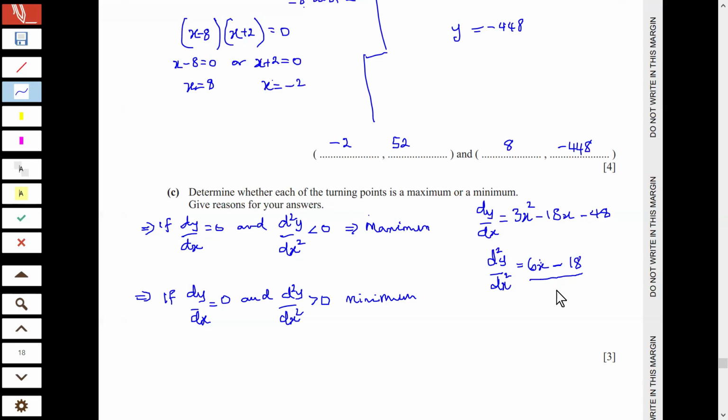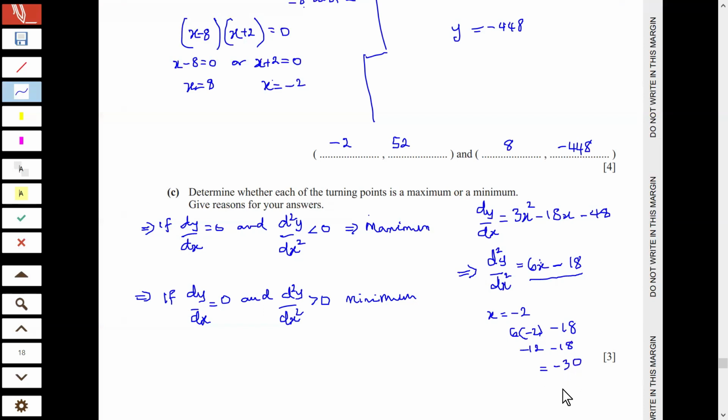To know whether the turning point is a maximum or minimum, let's take the first point, where x is equal to -2, and substitute into the second derivative, 6x minus 18. So we have 6 times -2 minus 18, which gives us -12 minus 18, equal to -30.